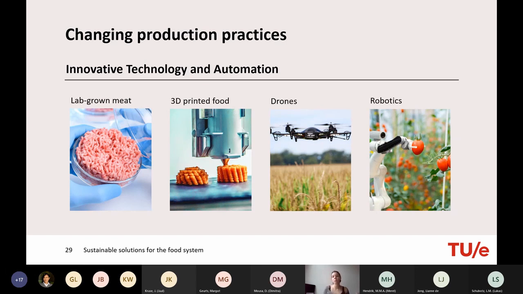We're using drones within agricultural settings, and we're also considering the use of drones in last mile delivery, for example. And we're making more and more use of robotics within agricultural settings, processing plants and so on. All of this makes it easier to monitor, to have very precise conditions, to track things better and automate things.